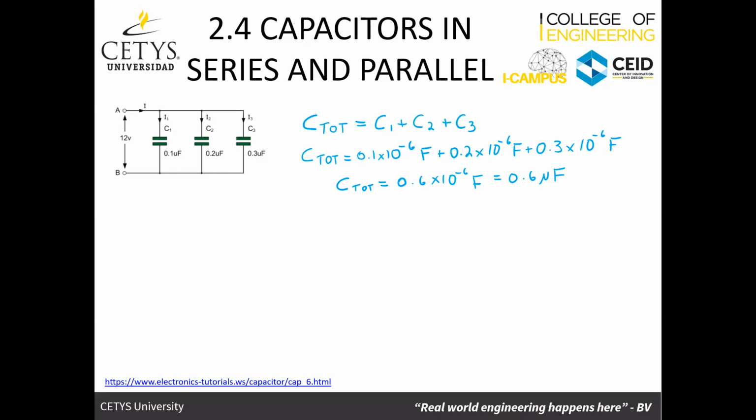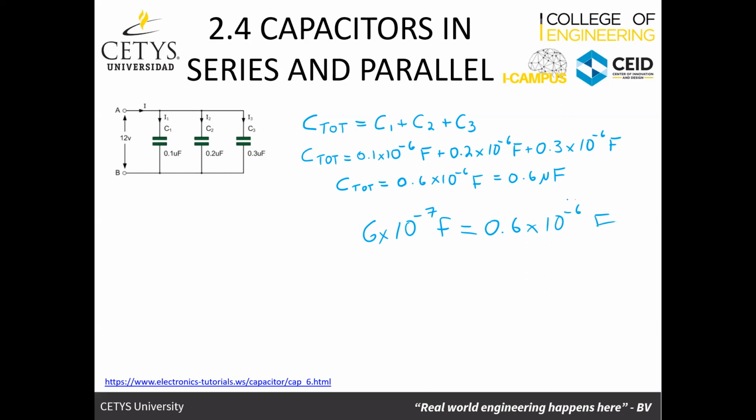So 6 times 10 to the minus 7 is the same as 0.6 times 10 to the minus 6.